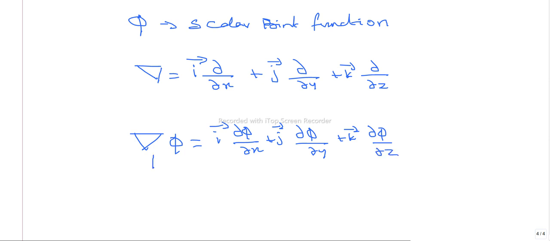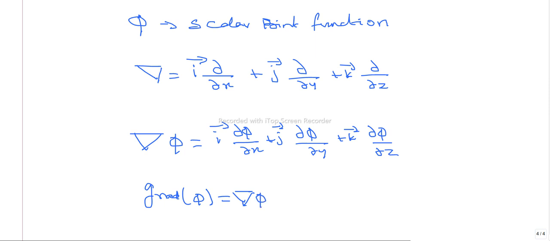Therefore this is a vector, because we put i vector, j vector. But this pi is a scalar function, and if you operate with del, we get a vector function. So this is how we define the gradient of pi, where del pi is a vector function.